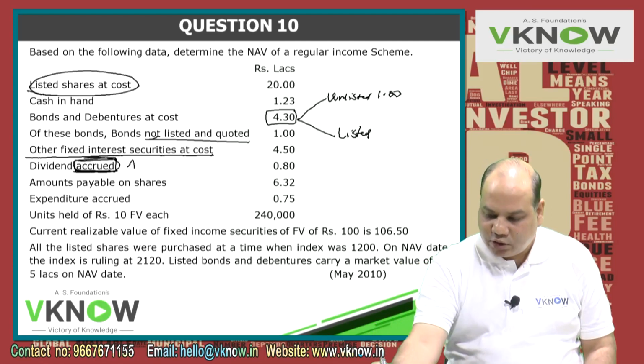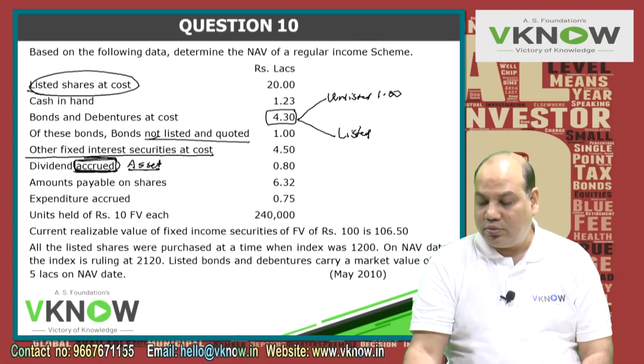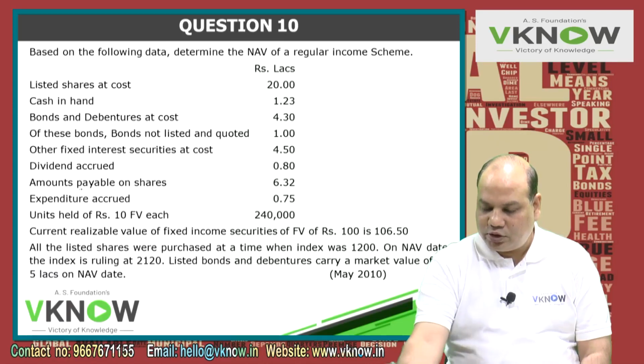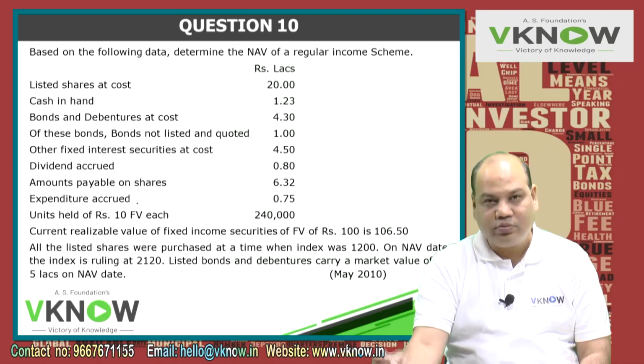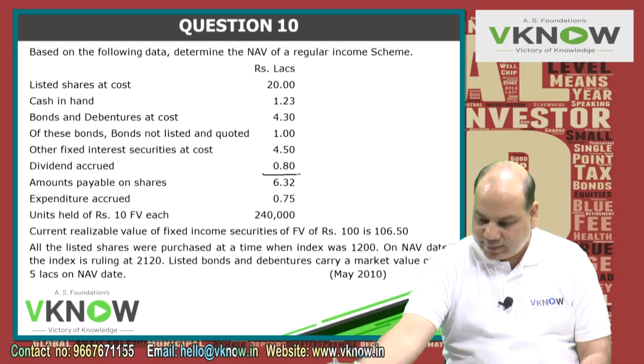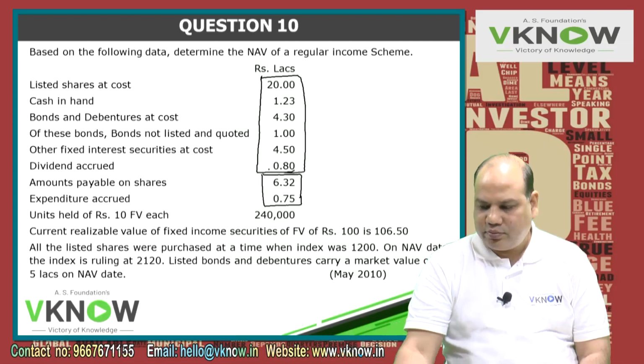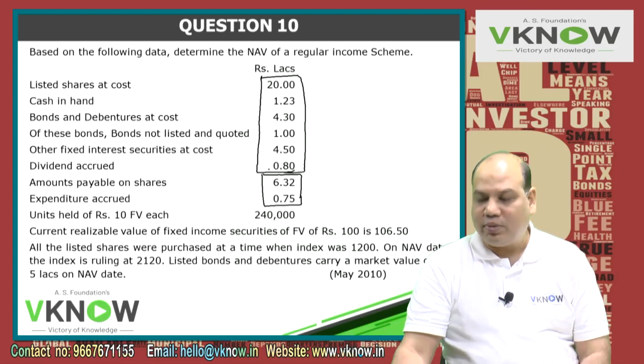So dividend accrued is an asset, and if you make mistake here, your entire answer will go wrong. Next is amount payable on share. This is of course liability. Expenditure accrued is a liability. So these two are liabilities. These 6 items are assets, and now we have to check for their market values wherever available.